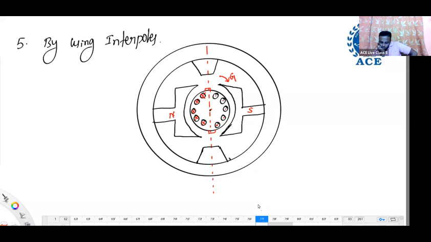Yes, not required. If you use this method, you no need to shift the brush again. Okay, any one is enough. Completed. Figure all of you.